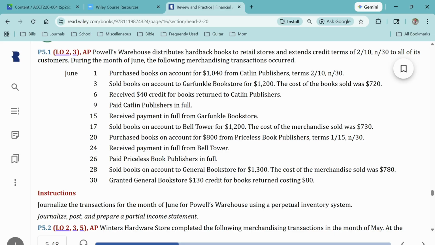We're Powell's Warehouse. We purchased books on account from Catlin Publishers, a publishing company, for $1,040. Their terms to us: we have to pay them back in full within 30 days, and if we pay within 10, we get a 2% discount.